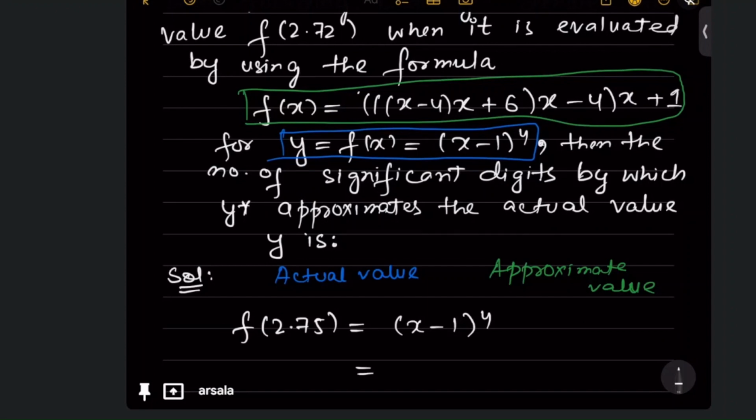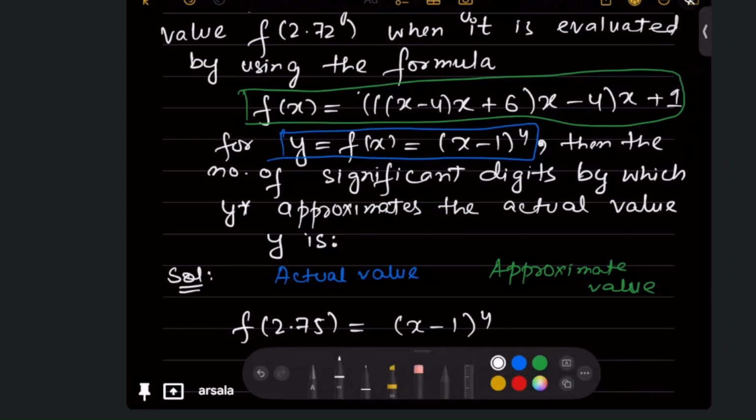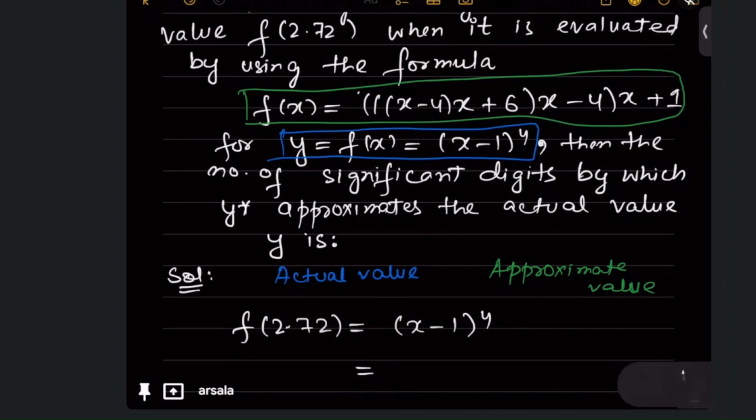Wait, let me check. 2.72 minus 1 to the power 4 is 8.75213056.